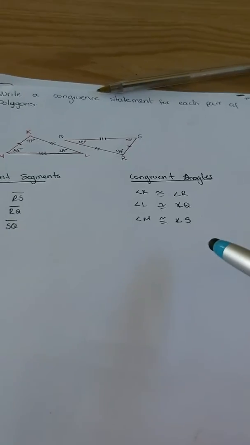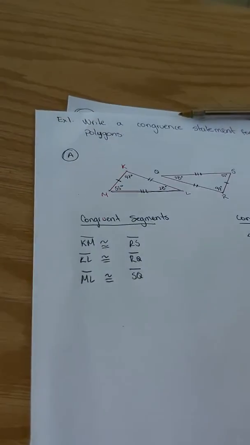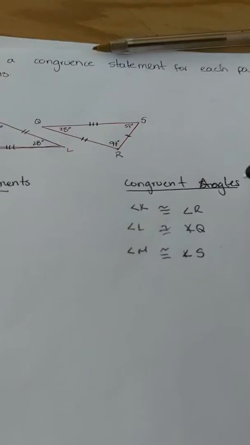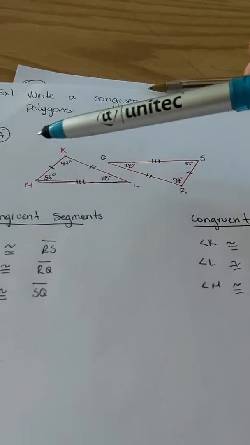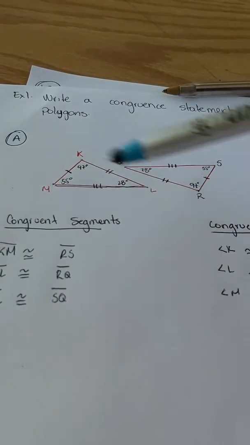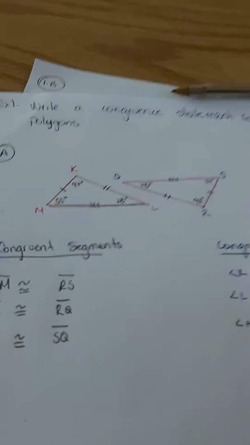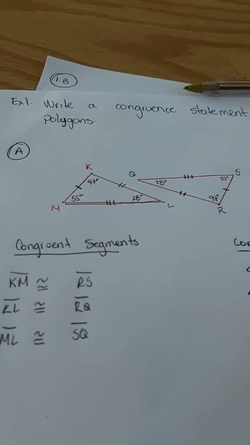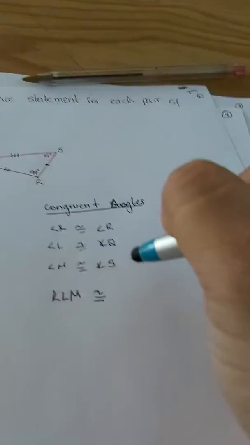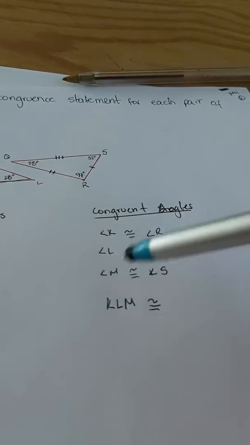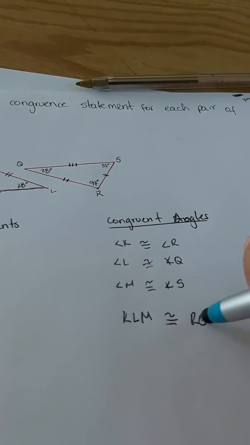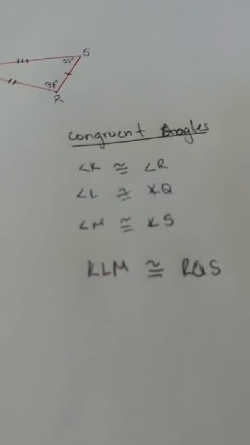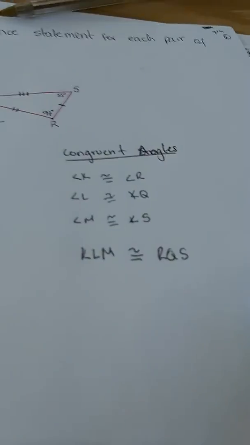Now, since our segments or sides and angles are congruent, we can state, now look at this, this is very important on the way we call our polygons. In this case, I'm calling this KLM, okay? So we're going to say that KLM is congruent with RQS. Notice, this is very important on the way we called our polygons.